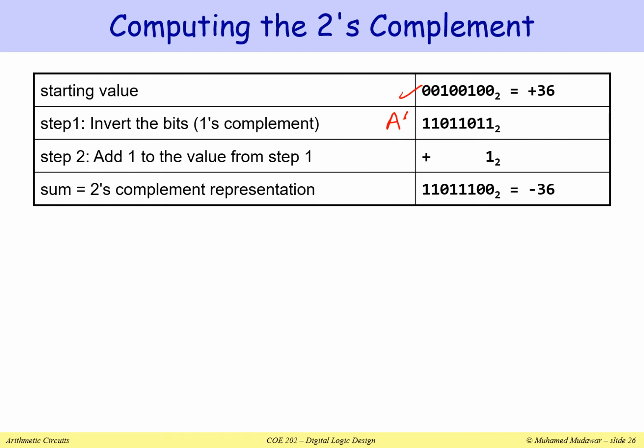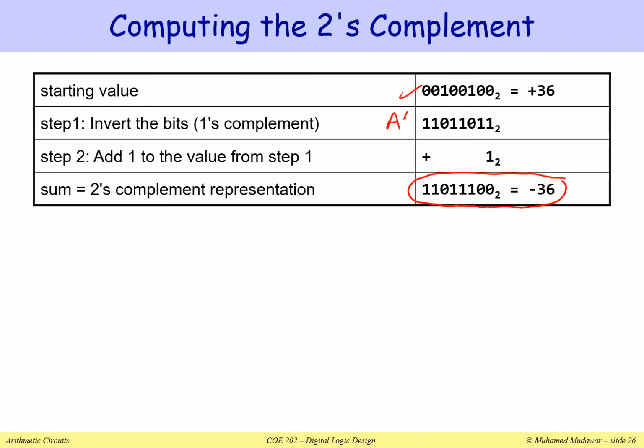And then step 2 is that you have to add plus 1 to a prime to obtain the 2's complement of a. When you add plus 1, you might get a carry. So 1 plus 1 is a 0 and the carry. And then the carry plus 1 is a 0 and the carry. And then the carry plus the 0 is equal to a 1. And the remaining bits will be the same, the same as in a prime. So this number here is negative 36.